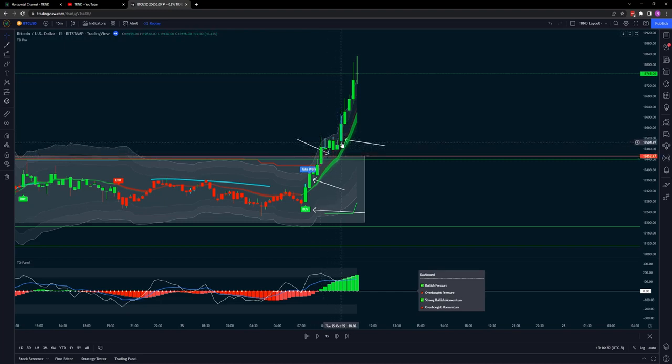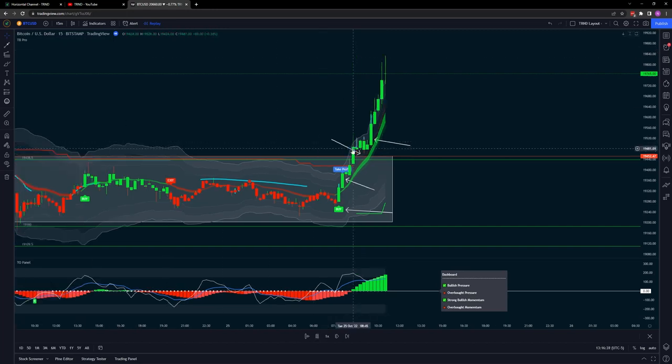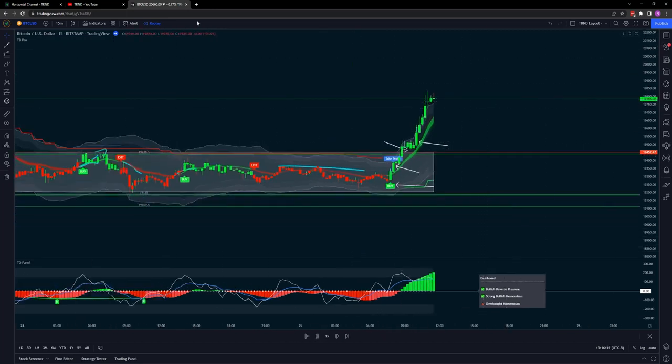And this would be the entry candle because it's a nice big candlestick. We did break above resistance, and now momentum is huge. We can also see here that the bullish pressure is increasing. White got above blue. On our indicator over here: bullish pressure, overbought pressure, strong bullish momentum, overbought momentum. We're keeping it going upwards, and that will continue upwards for the foreseeable future.